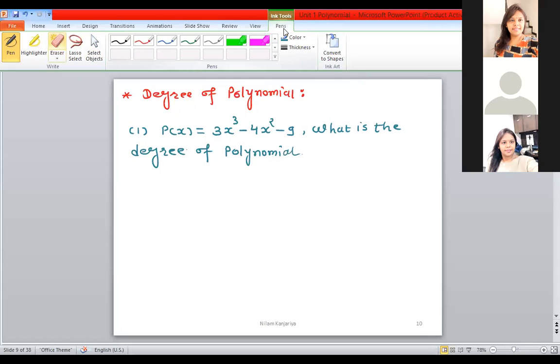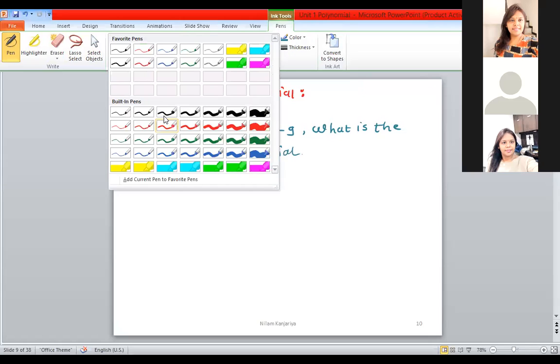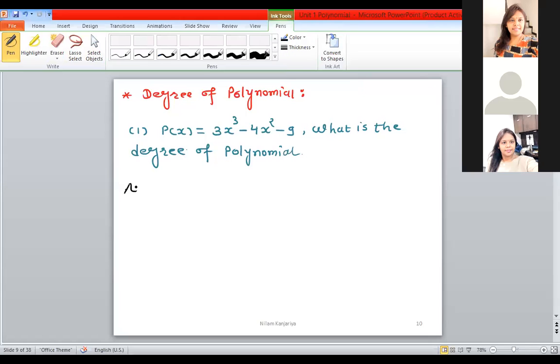So let's start. Answer: your polynomial is 3x cube of 4x square minus 9.